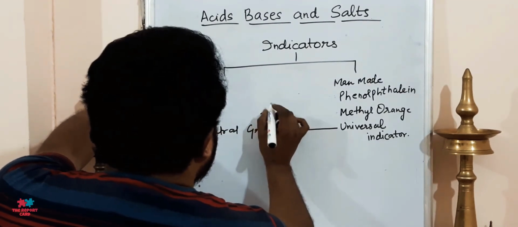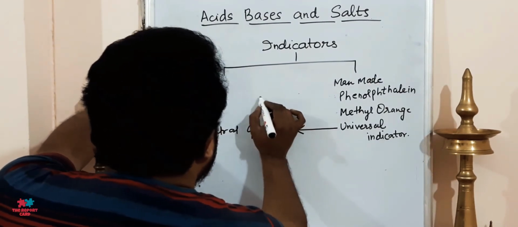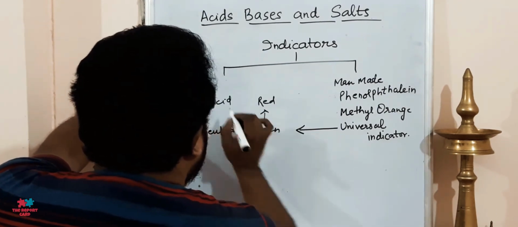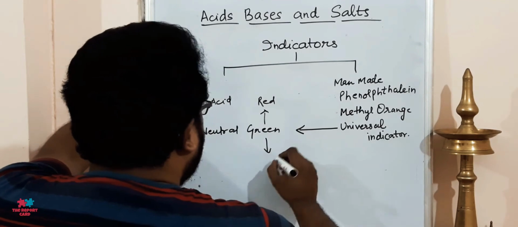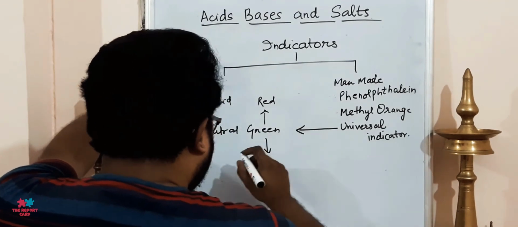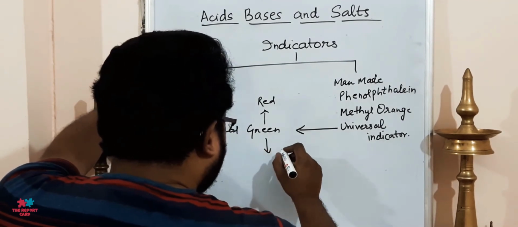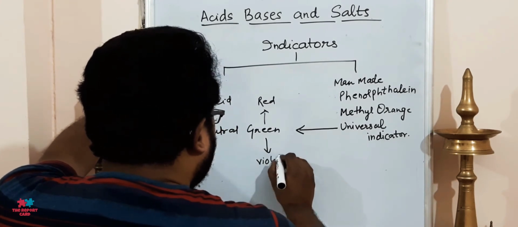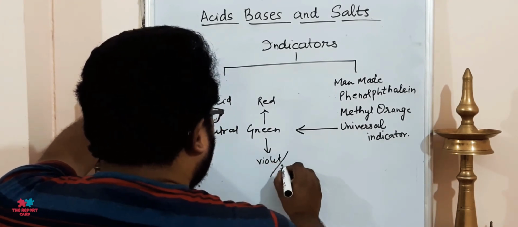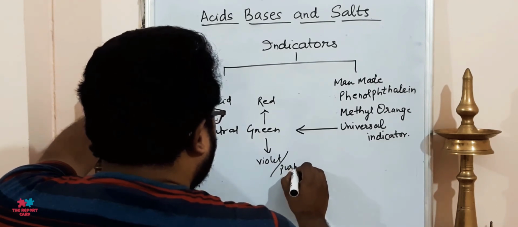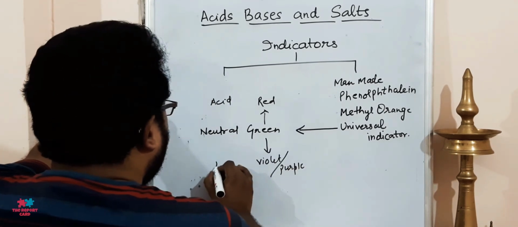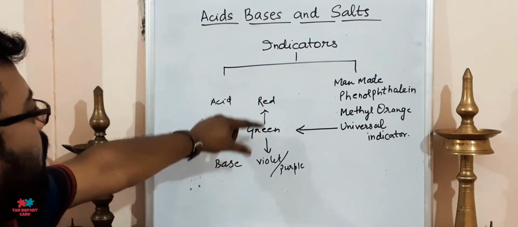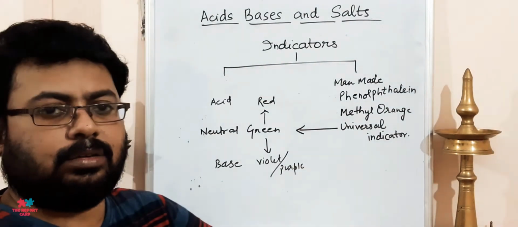But in acid it will turn yellow, orange and ultimately red, and in base it will turn violet or purple. So in between there is a variation of colors.